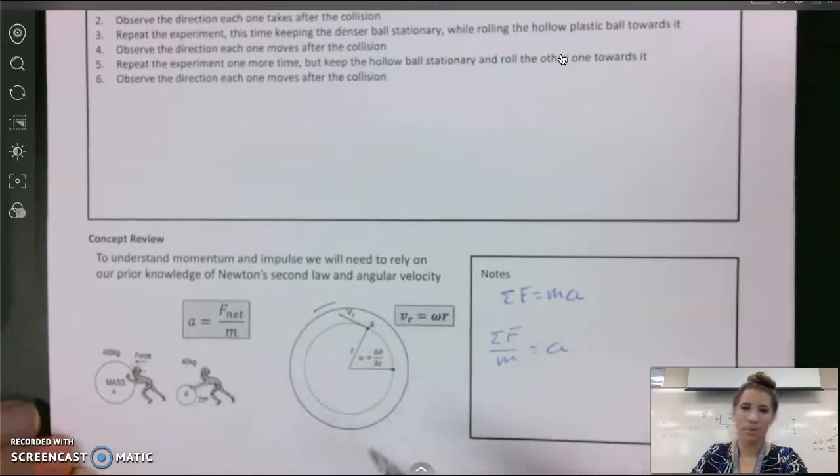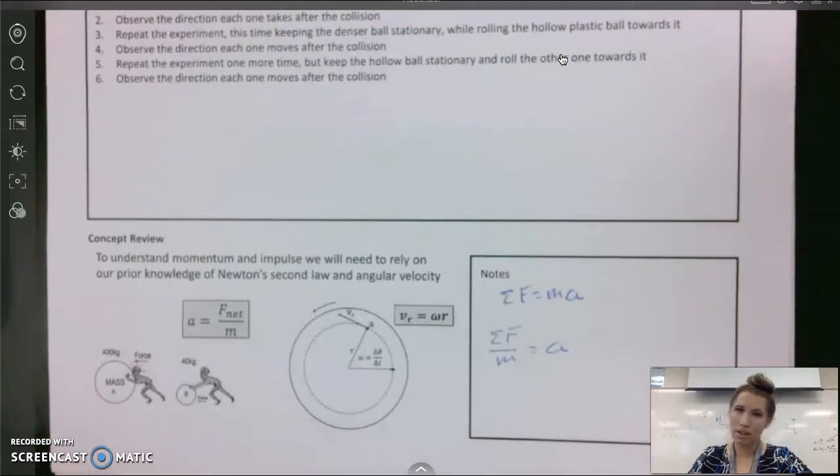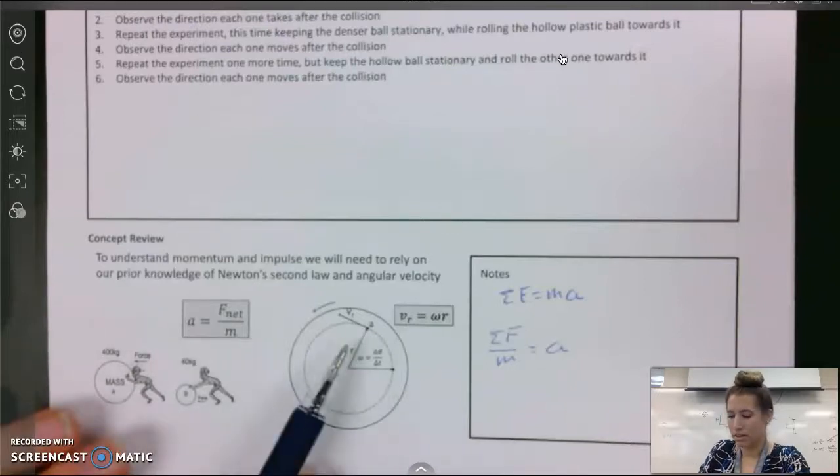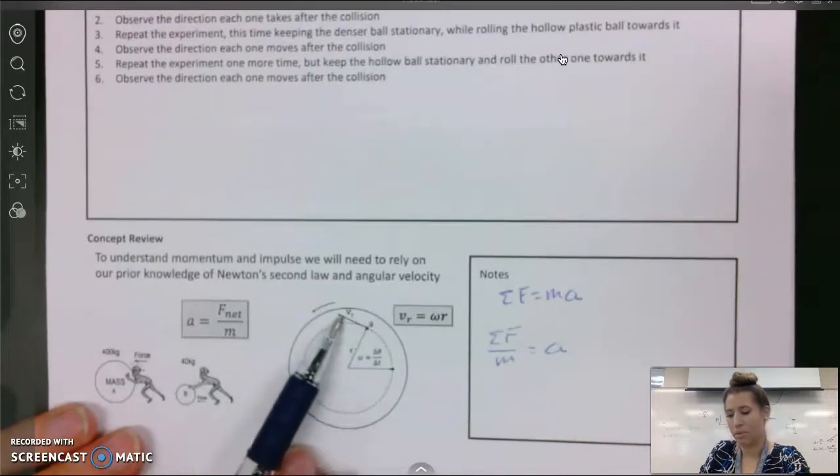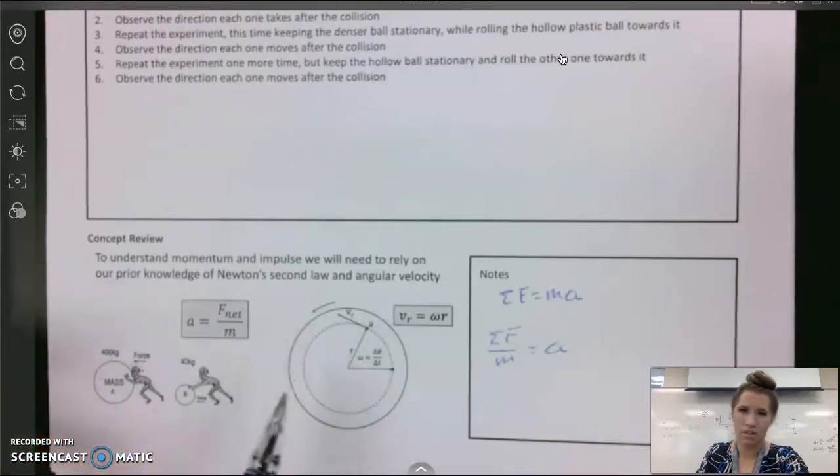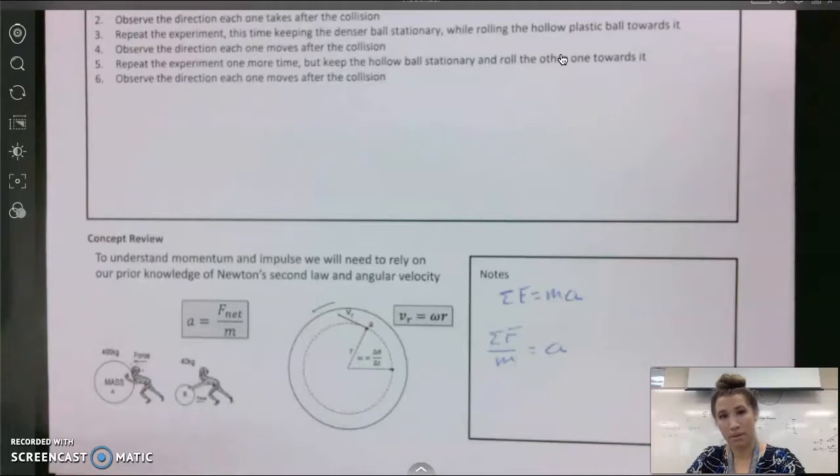And then the other important thing we need to remember is the difference between linear velocity and angular velocity. Okay? So linear is the tangential, and here we're representing that by v_r. It's distance per time period, right? Velocity is a change in position over a change in time. And angular velocity is rotations per time interval.